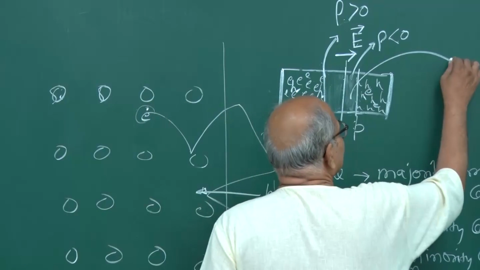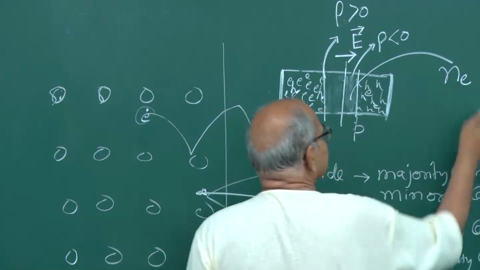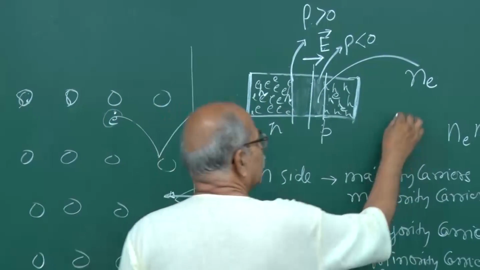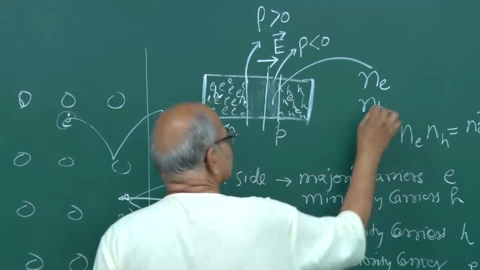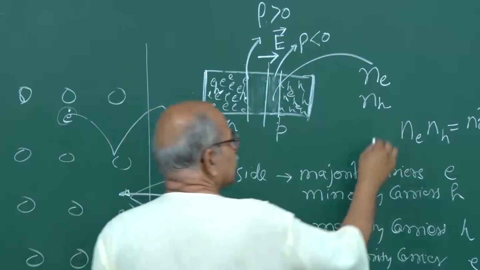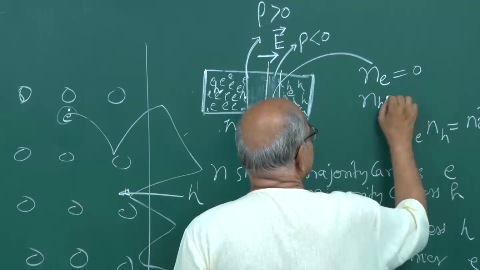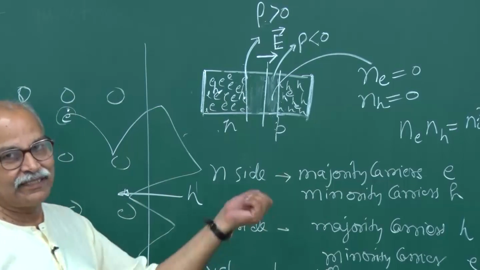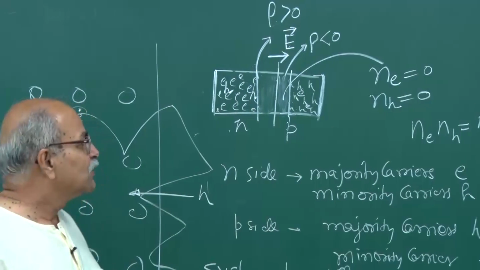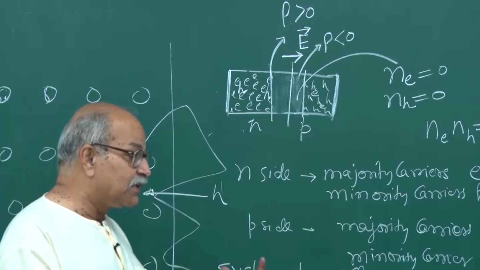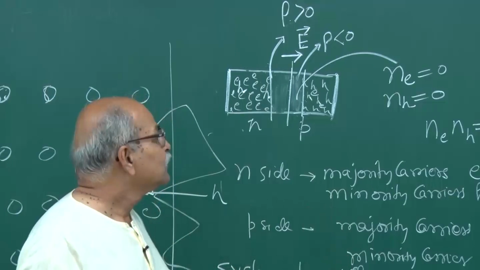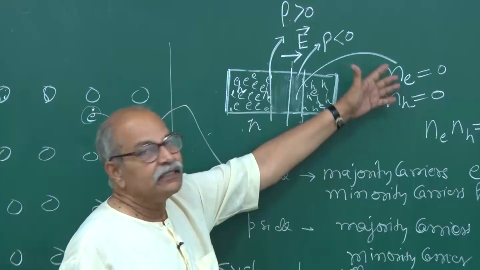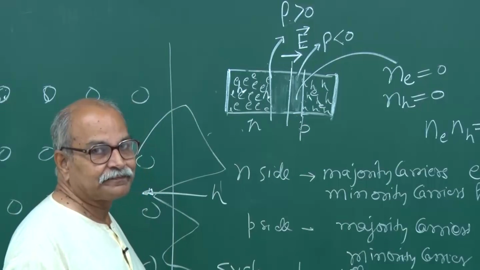The number of electrons per centimeter cube, or number of holes per centimeter cube, becomes 0. 0 means negligible, 1 or 2 here and there may still be, but not observable in a circuit. So, this is almost 0.